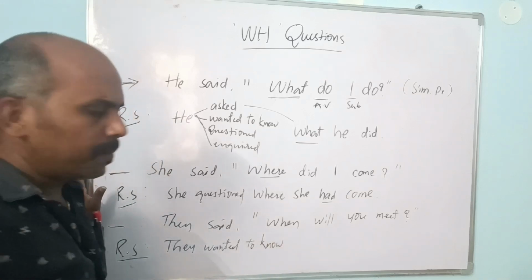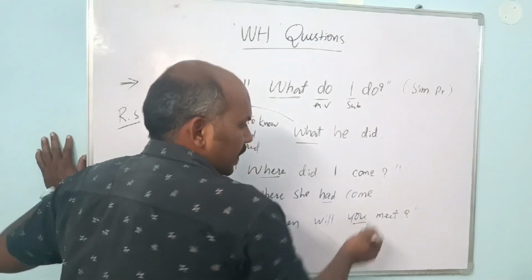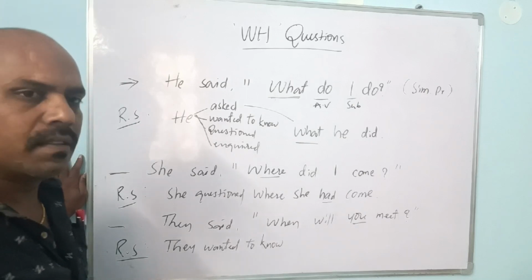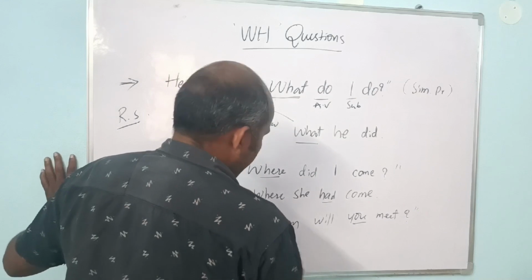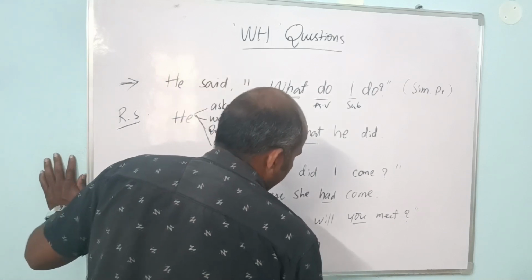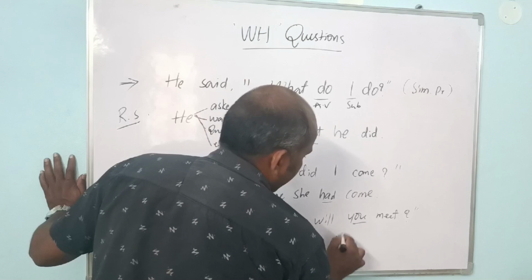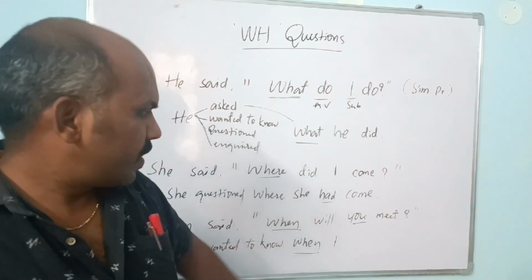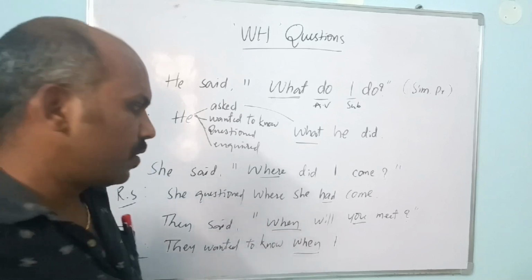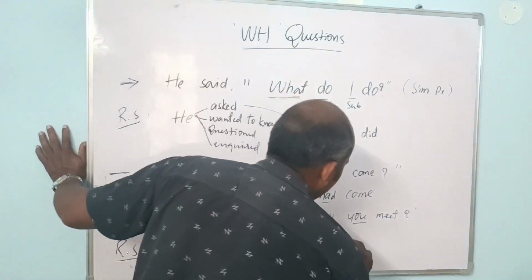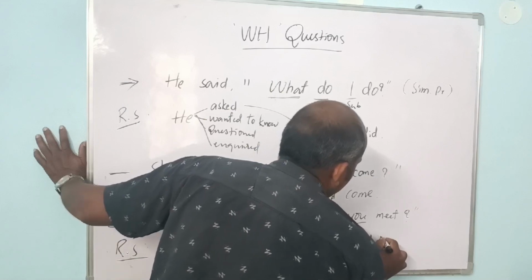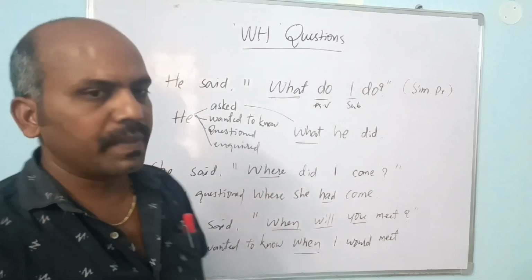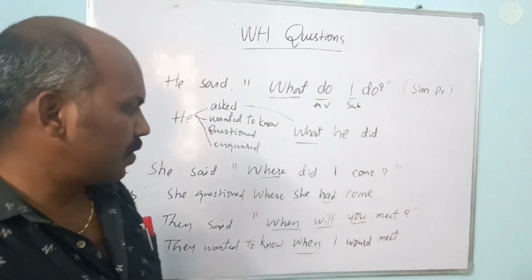Here you means I, they are asking me when will you meet. So they wanted to know when, as a conjunction, again the same: when I. Then simple future changes, there is nothing here, only the modal will changes into would. So when I would meet. When will you meet? When I would meet. They asked, or they wanted to know, when I would meet.